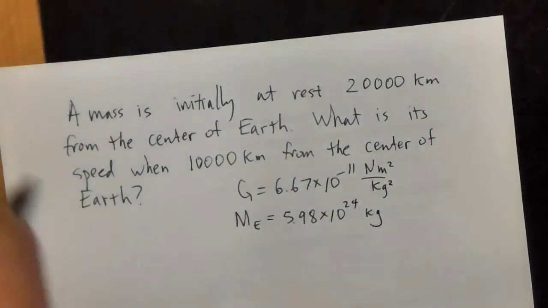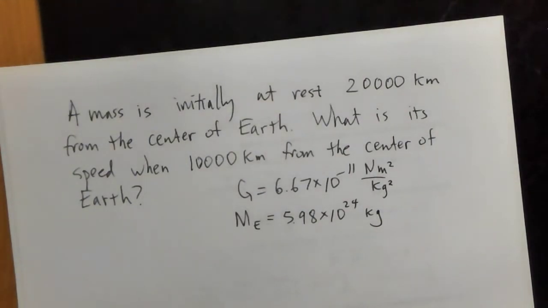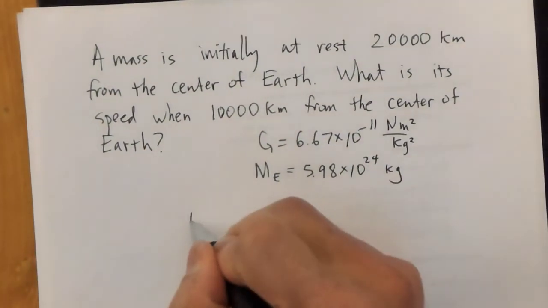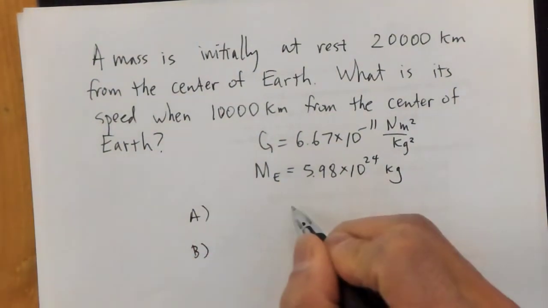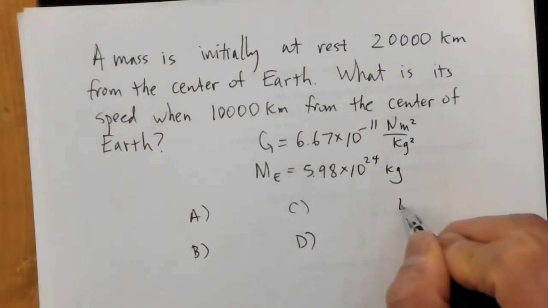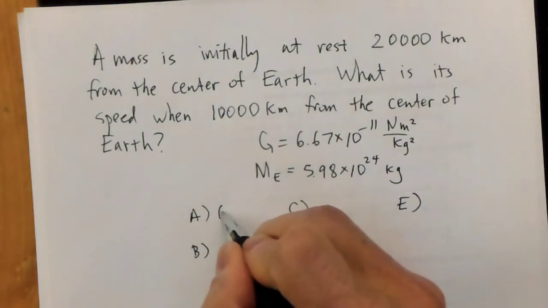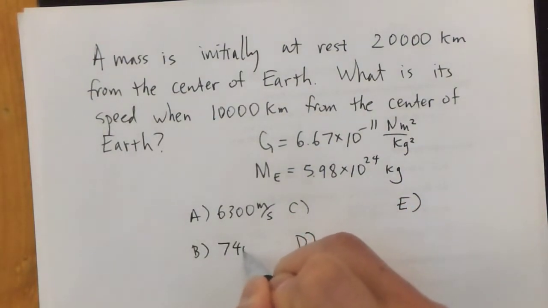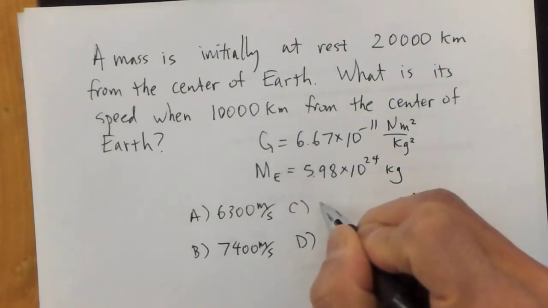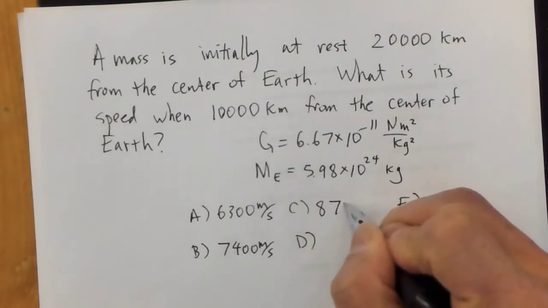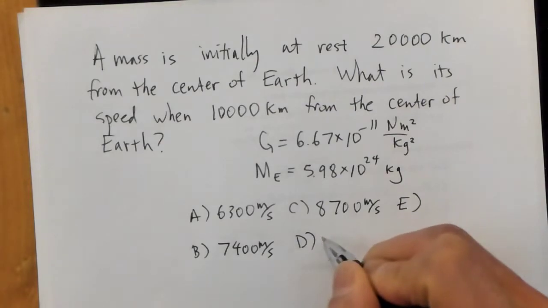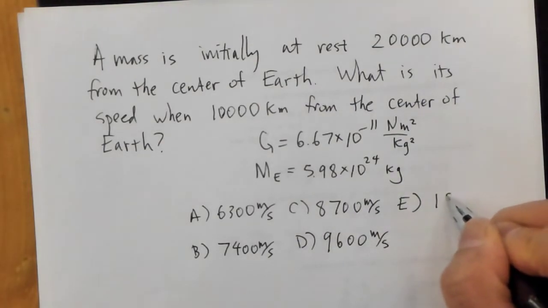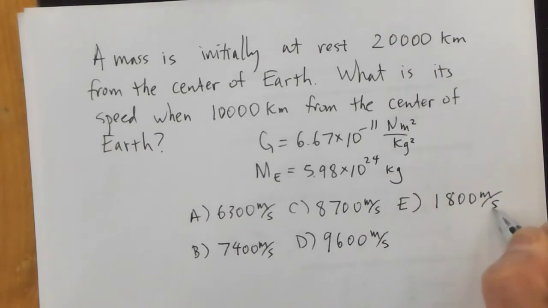Okay? And the choices I'll give you are A, B, C, D, E: 6,300 meters per second, 7,400 meters per second, 8,700 meters per second, 9,600 meters per second, 1,800 meters per second.